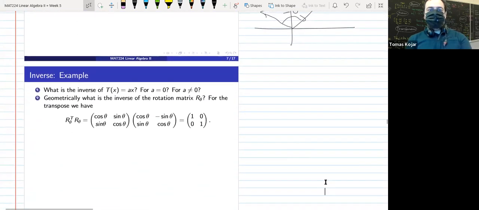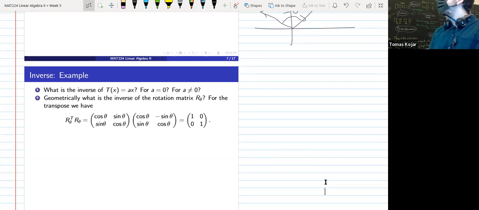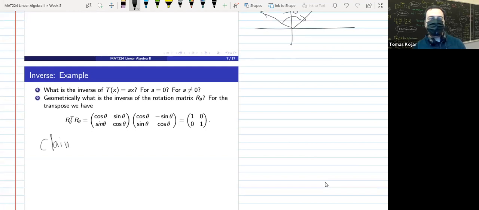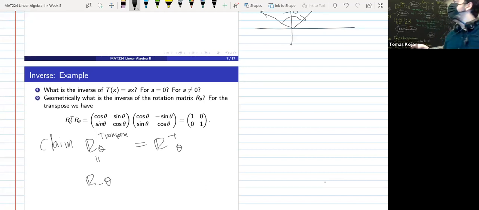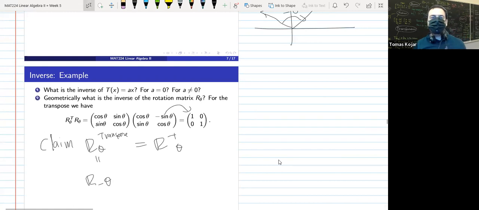So the claim is that the transpose of your matrix is in fact your inverse. So we're claiming R transpose of theta is R inverse of theta, and this will be R minus theta. So we have this chain of equalities. First, let me do the first step for you here. So how do you get the top coefficient?